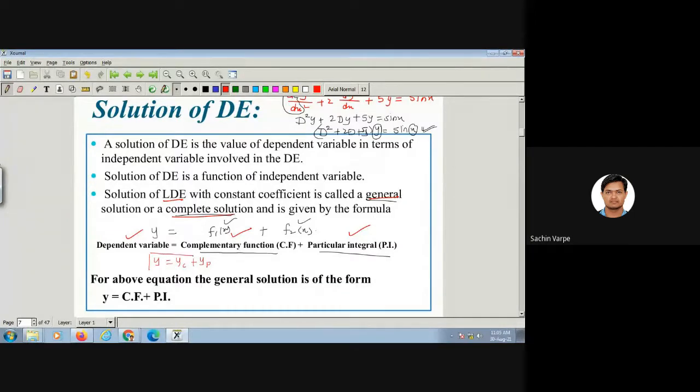But most of the students get confused with these notations, because sometimes the differential equation will be asked in variables x and t, like d2x by dt square plus and so on. Here the dependent variable is x and the independent variable is t. So in that case, you must write the value of x in terms of t.